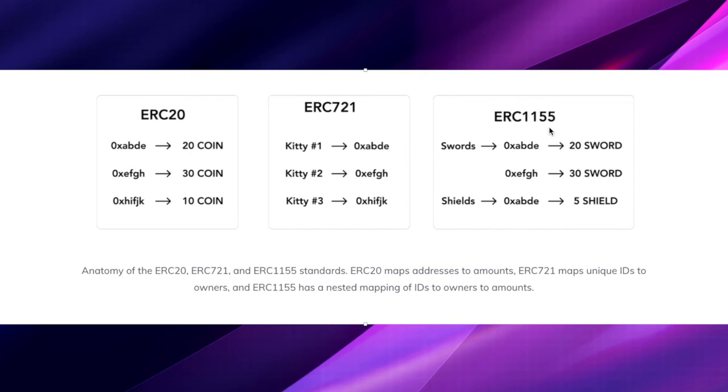As for the standard 1155, for a user on a simple and basic level, we need to understand that this standard gives us classes of things. For example, there can be different kinds of swords, and swords of one type can include only 20 swords, and the other type can be 30 swords.